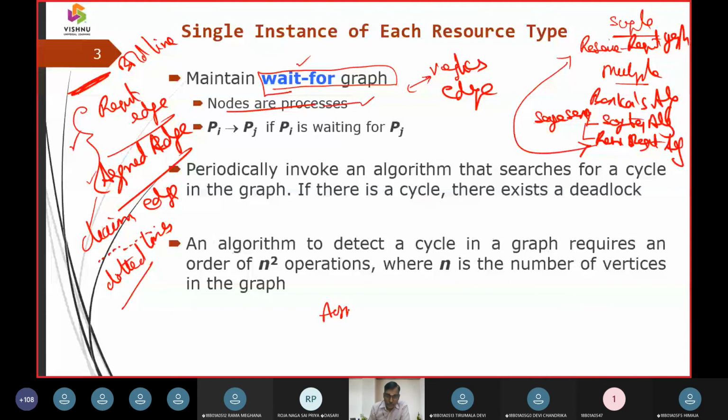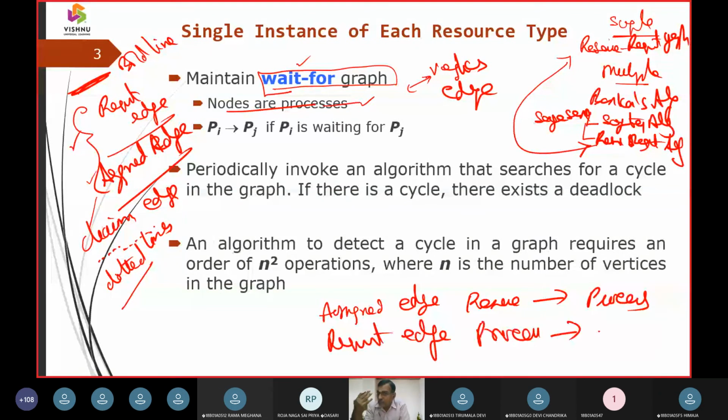If I use it as a request edge, then it will be from process to resource. If it is a claim edge, then it is done using a dotted line. So that is the distinction we should understand.